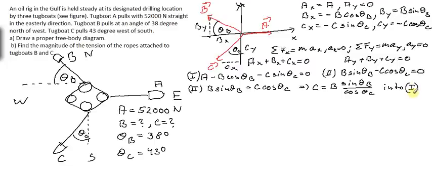If I do that, I eliminate the unknown magnitude C, and equation 1 will be left with one unknown, that is B. We can solve for B.